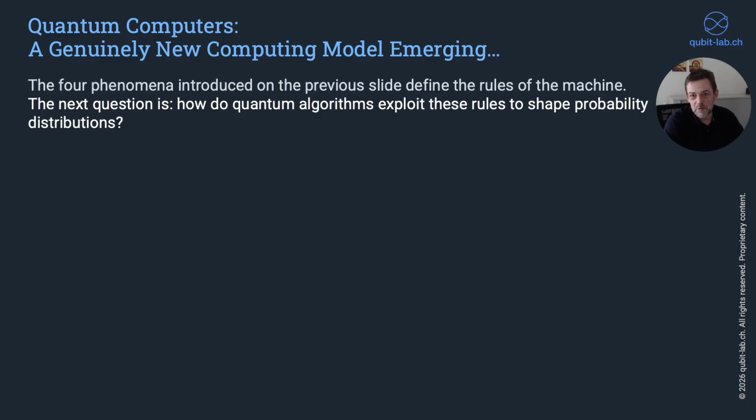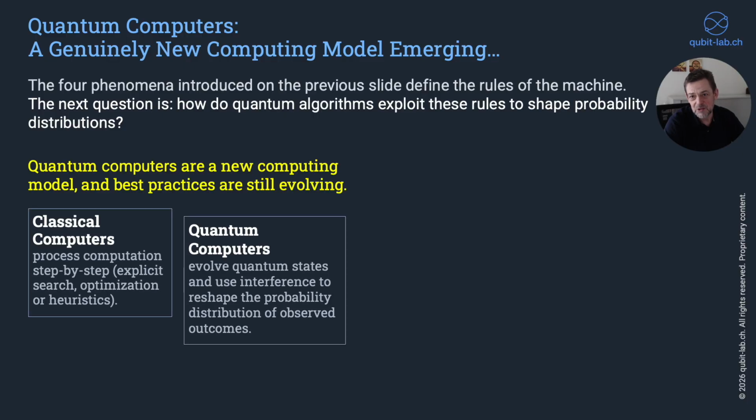We saw that qubits show a specific quantum behavior. How do quantum computers make use of these qubit features and calculate and get a meaningful result? Quantum computers are really different from classical computers, and we're still learning how to best use them.